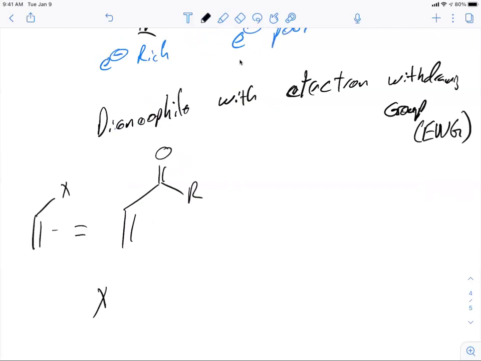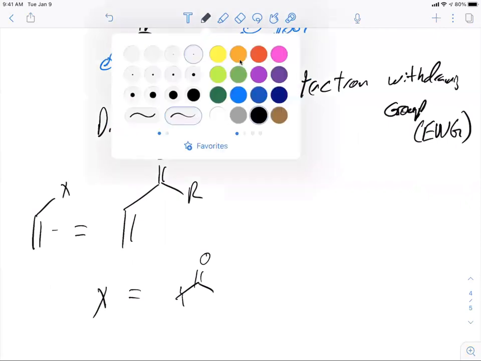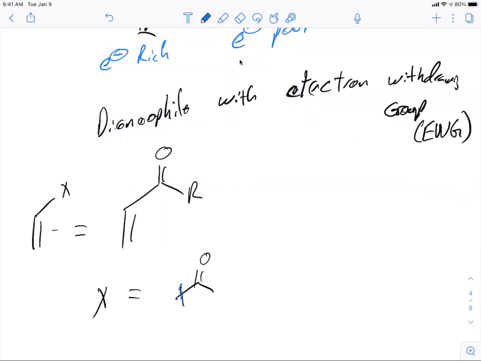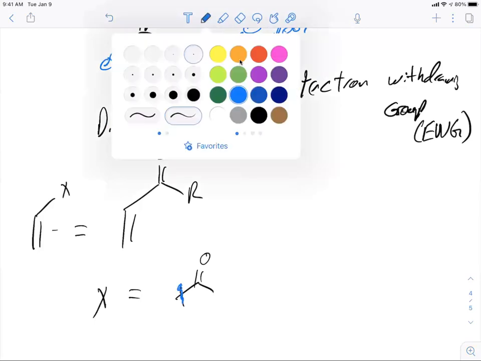X here could be a ketone. And again, the little wiggly line I'm drawing in blue this time refers to where it's connected.